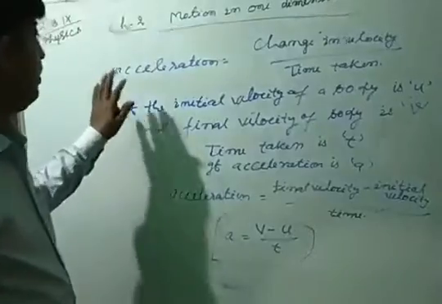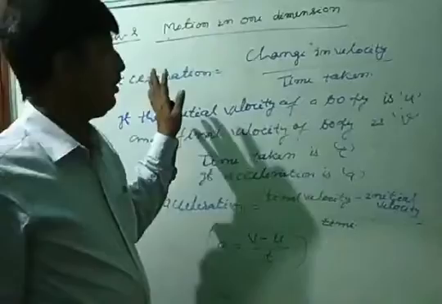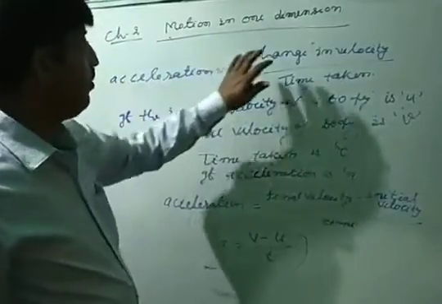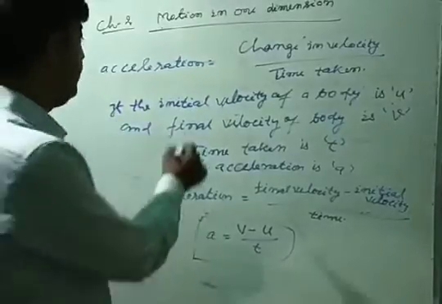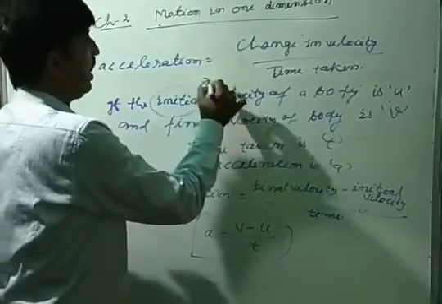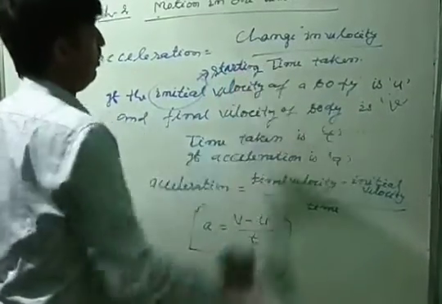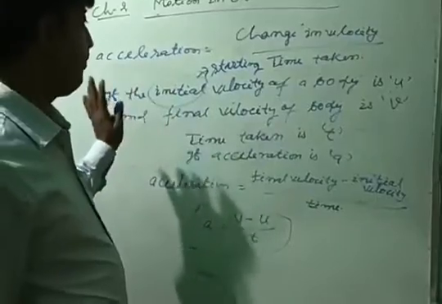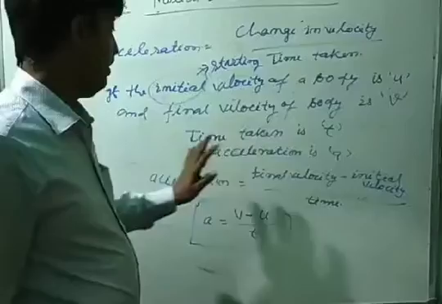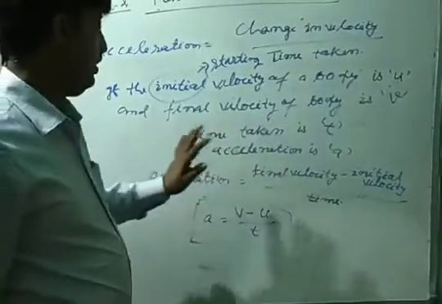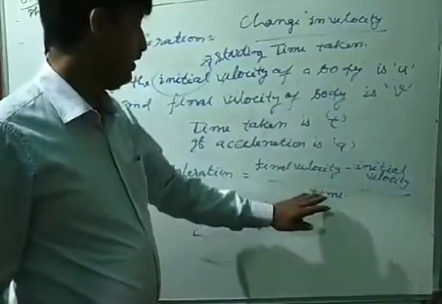Since the definition of acceleration is rate of change of velocity, acceleration is equal to change in velocity by time taken. If the initial, meaning starting, velocity is u, the final velocity of the body is v, and the time taken is t, then acceleration is final velocity minus initial velocity by time taken.